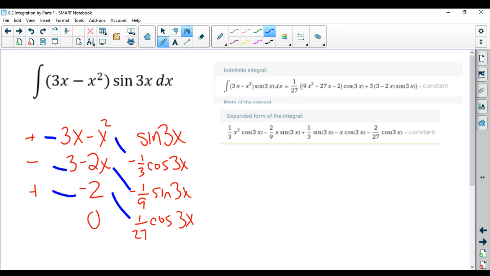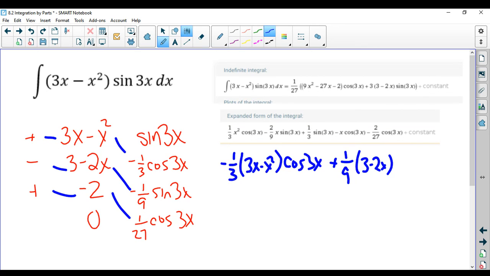So the first one we have is negative 1/3 times 3x minus x squared times cosine of 3x. Then we have minus. Well, it's going to be minus and negative 1/9, so plus 1/9 times 3 minus 2x times sine of 3x.